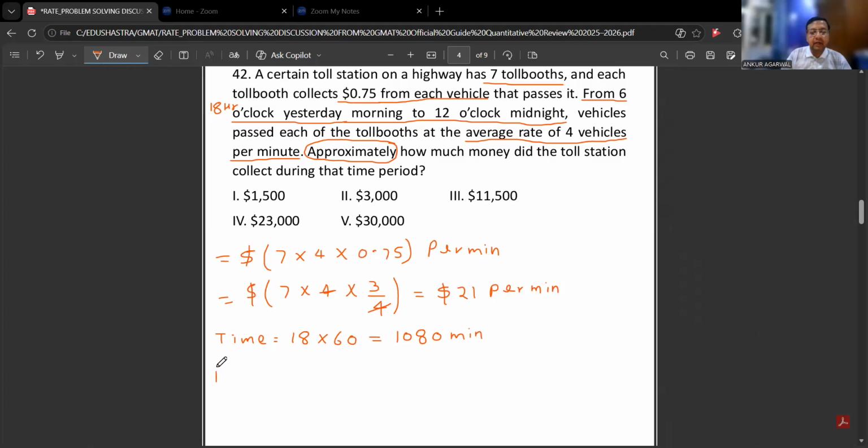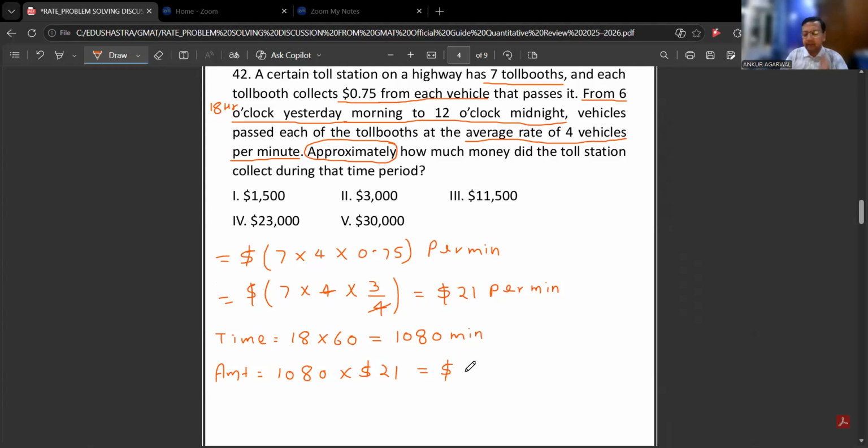So what is the total amount we are earning, which is nothing but 1080 multiplied with $21. So simplifying, multiplying. Now, what is the answer you are getting? Yes, quickly. So we are getting how much?